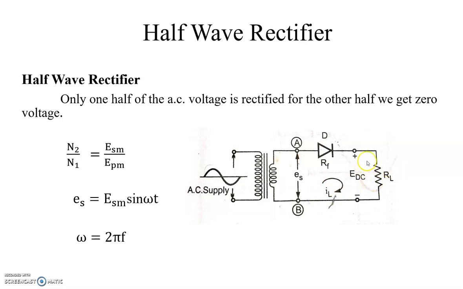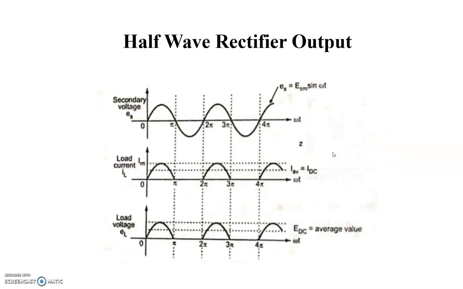Since the forward biased diode offers very low resistance, the voltage drop across it is also very small, for example 0.3 volts for germanium and 0.7 volts for silicon. Next, this one is a half-wave rectifier waveform.